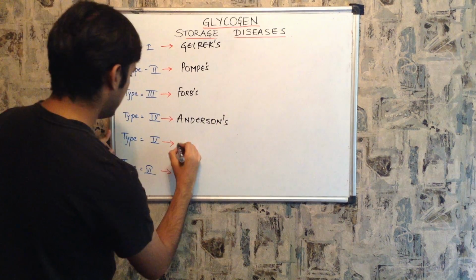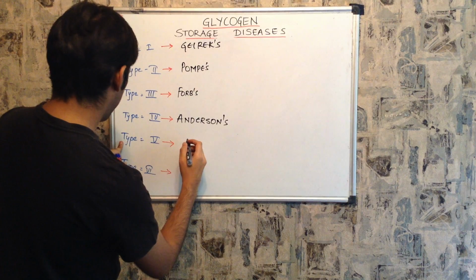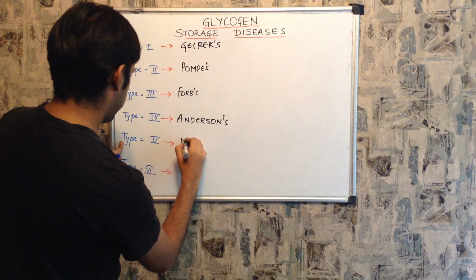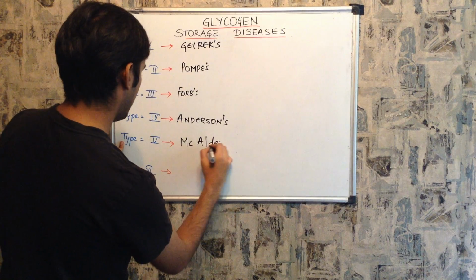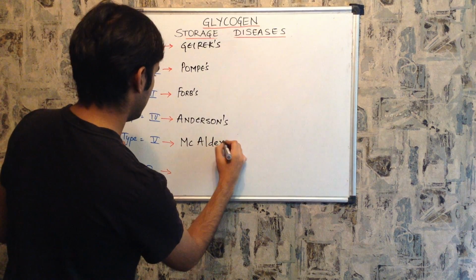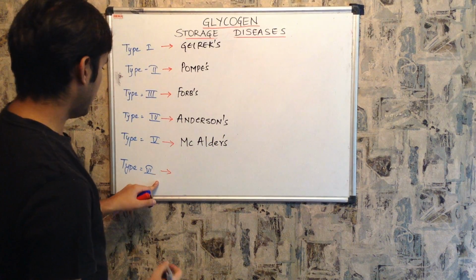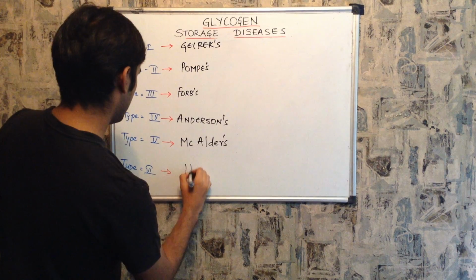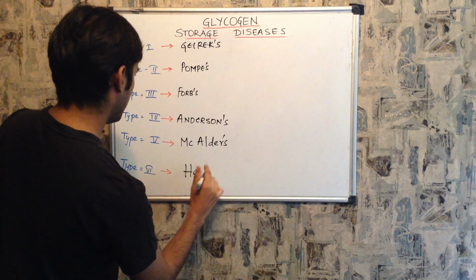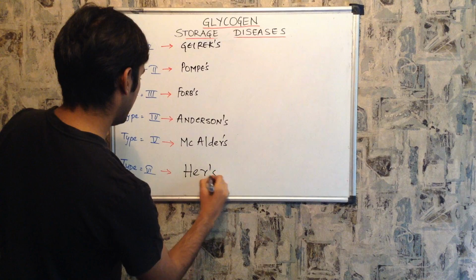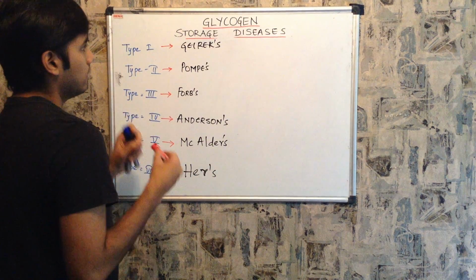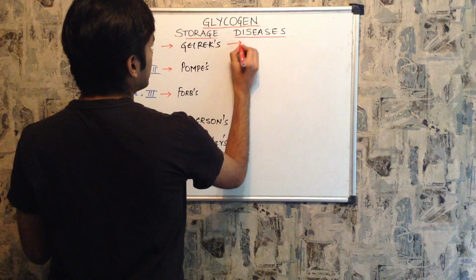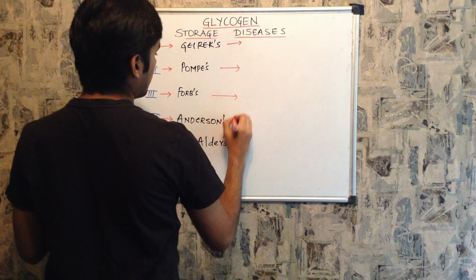And type 5 is McArdle's disease. And the final disease, type 6, is Hers disease, HERS, right? Now we will discuss the enzyme deficiencies of each disease.